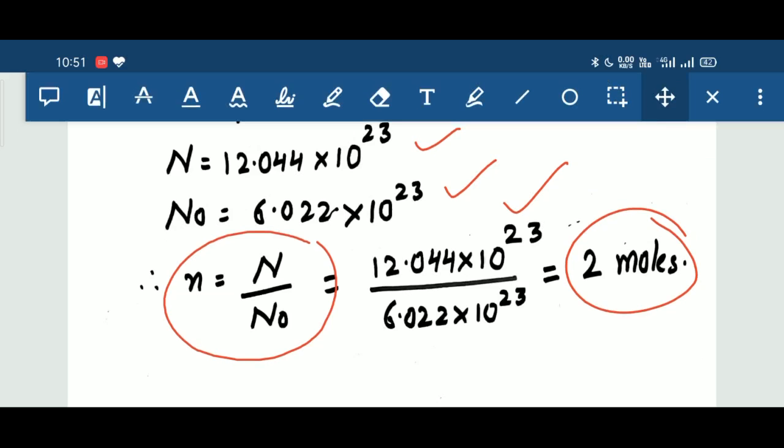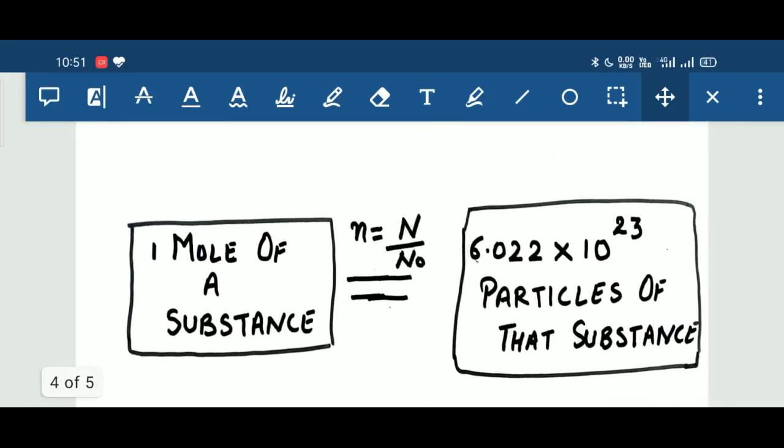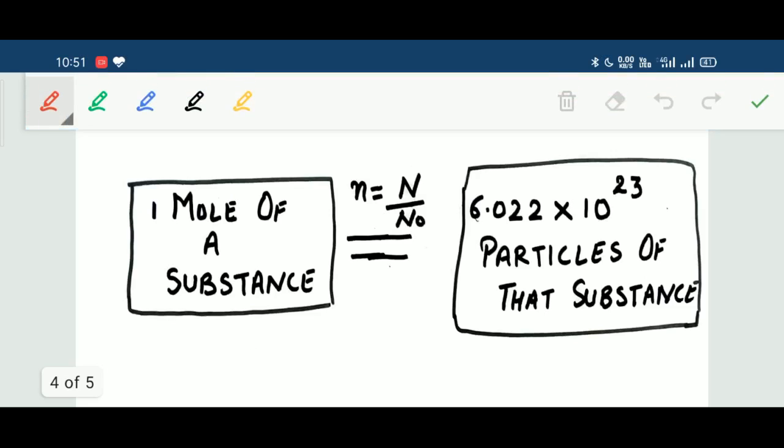Let's discuss another problem. But before that, let's understand that the relation between mole and substance is equal to this, and we can also establish a formula, that is small n is equal to capital N upon N naught, to relate moles and particles.